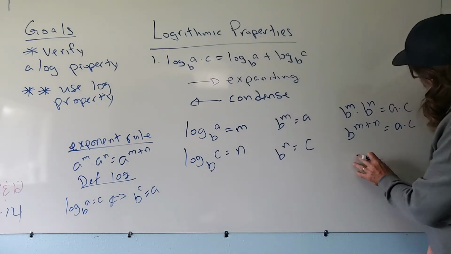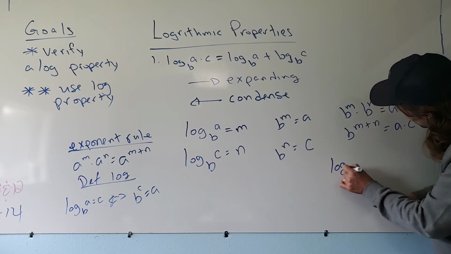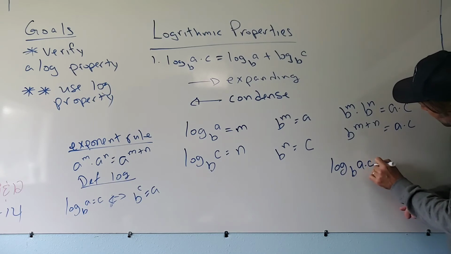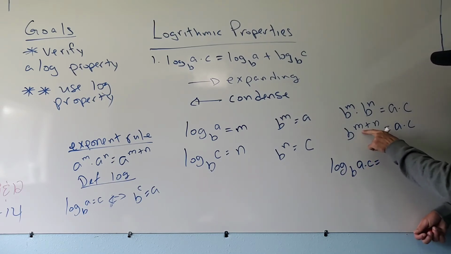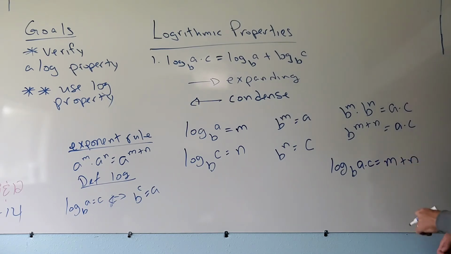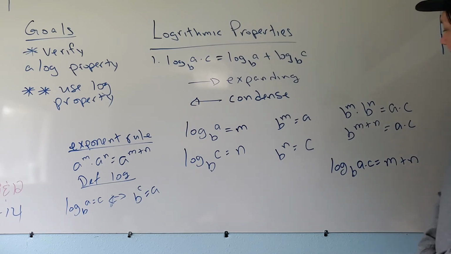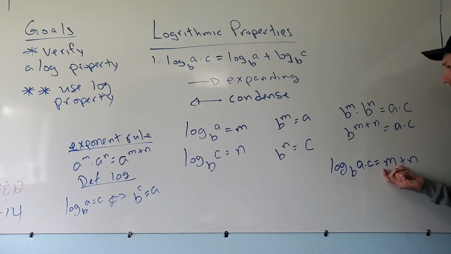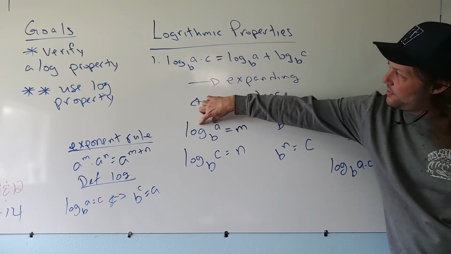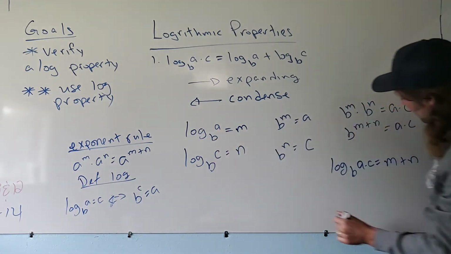And so now this is going to become log base b of a times c, and that's equal to the exponent, which is m plus n. Now we're almost done with the argument here. I notice that I have the letter m right here, which I can replace with this. So instead of m, I'm going to now say log base b of a.